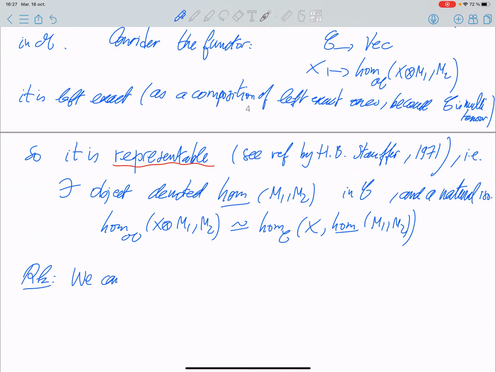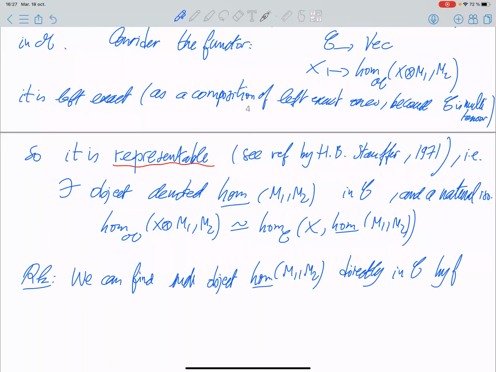So we can find such an object Hom from M1 to M2 directly in C by finiteness. Otherwise, we need to consider an inductive limit.